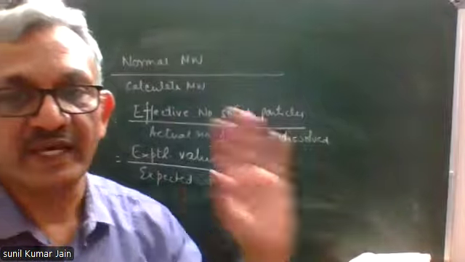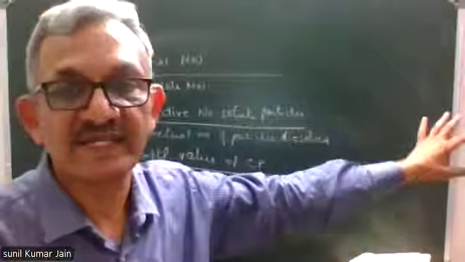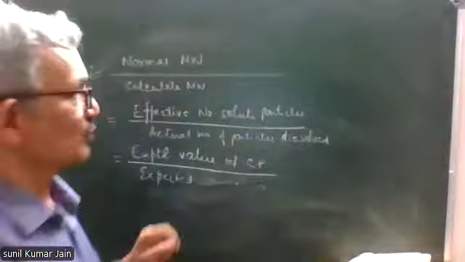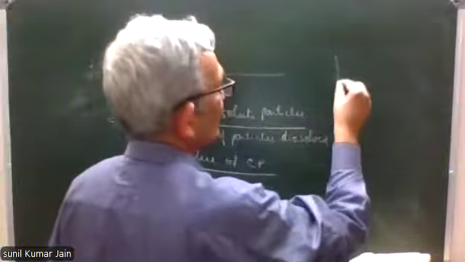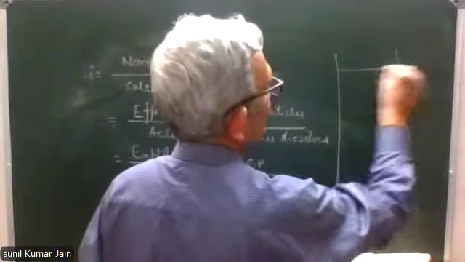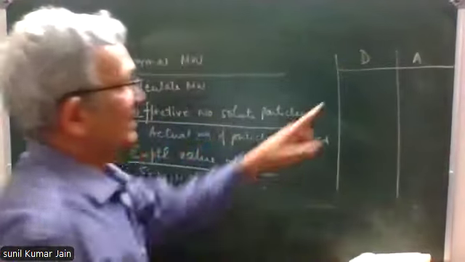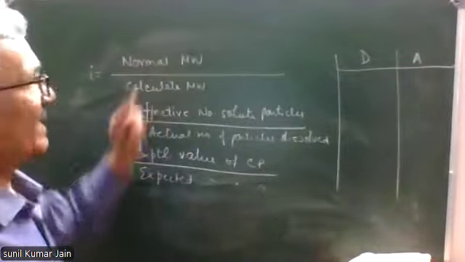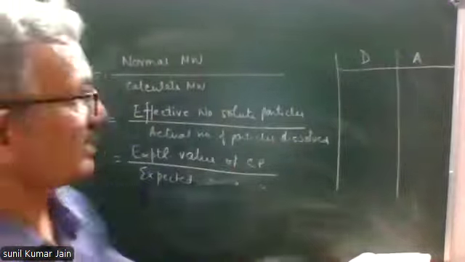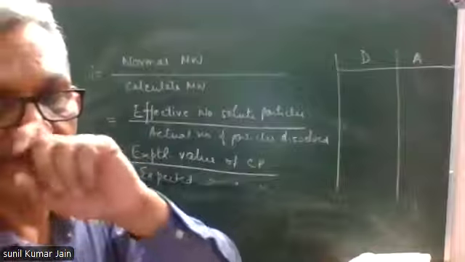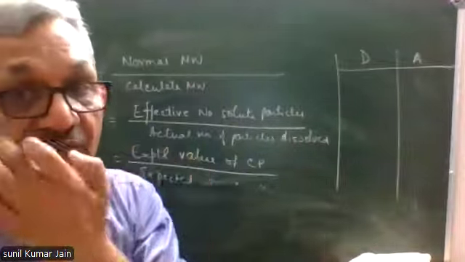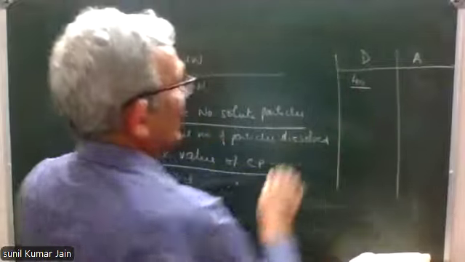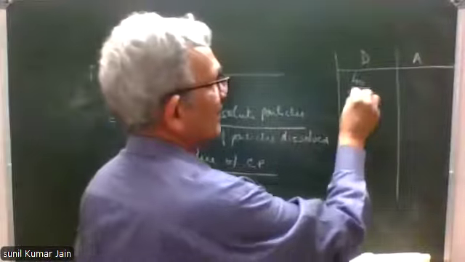These three definitions I'll explain by writing something on the right hand side, for dissociation and for association. Let us take the case of dissociation. Recall the example of sodium hydroxide. The normal molecular weight of NaOH is 40, and on the basis of colligative property it should come out to 20.